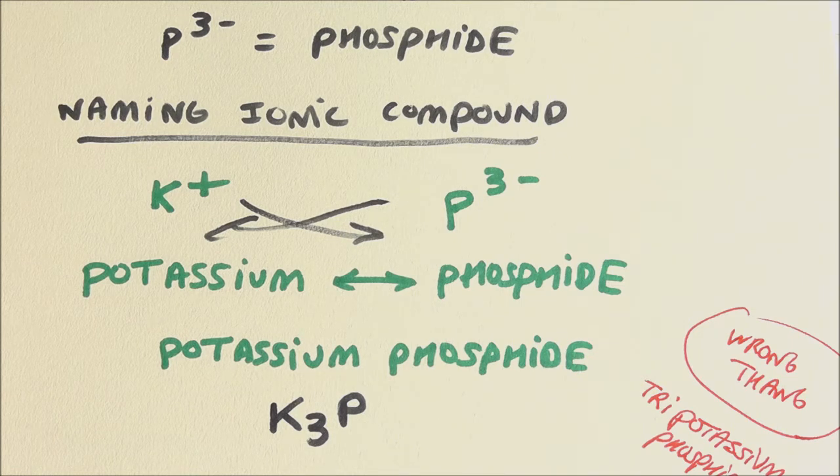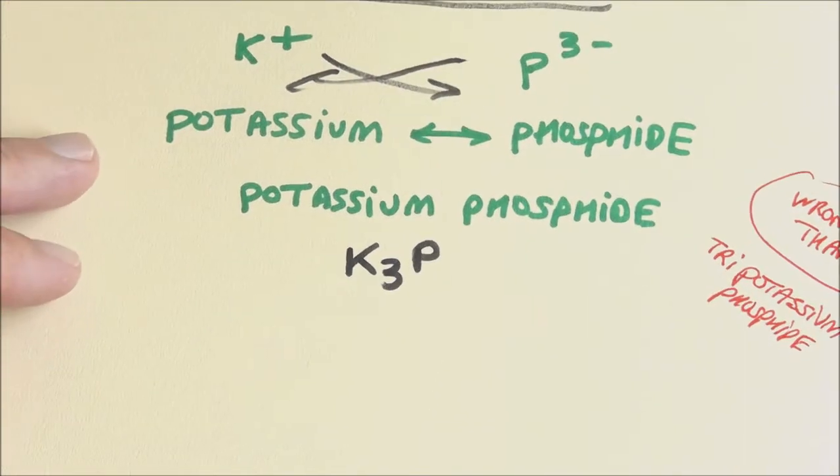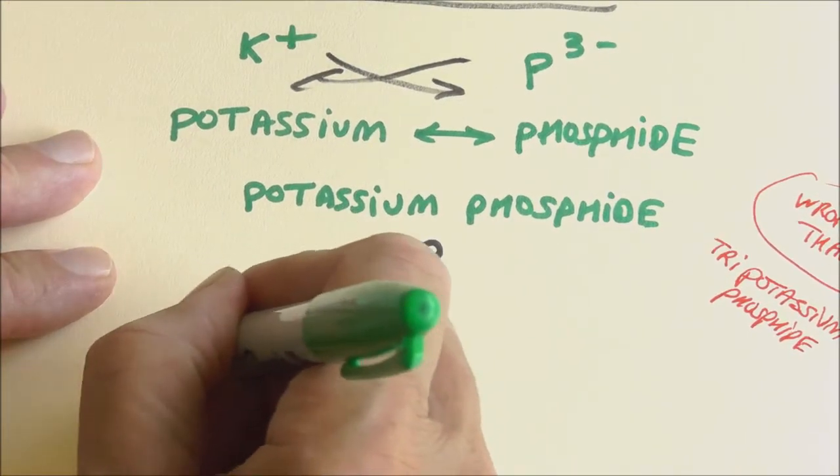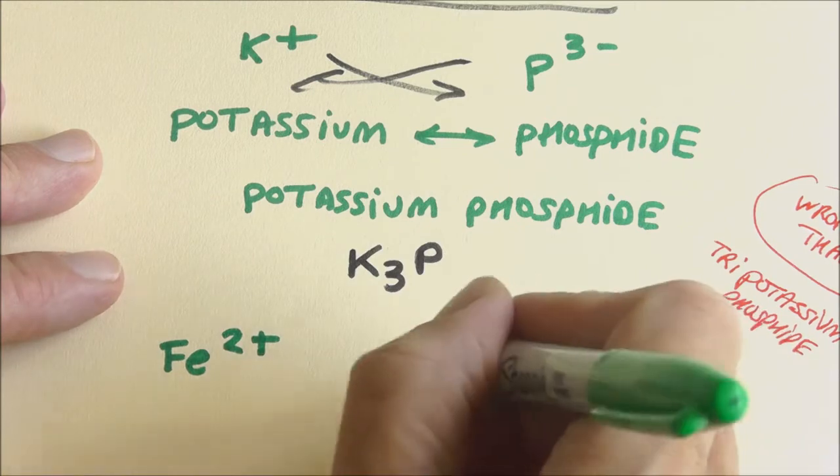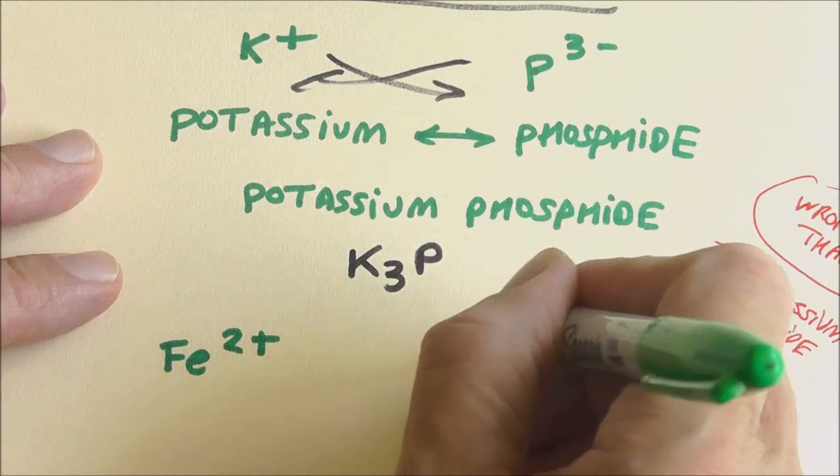But you see, the bottom line is there's no such thing as K9P. It's got to be K3P. Let's go ahead and take a transition metal, Fe2+, and O2-.